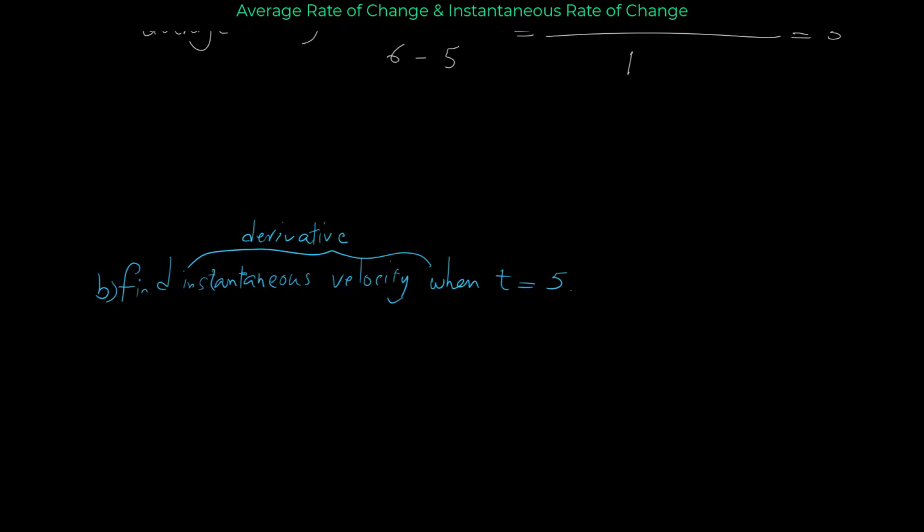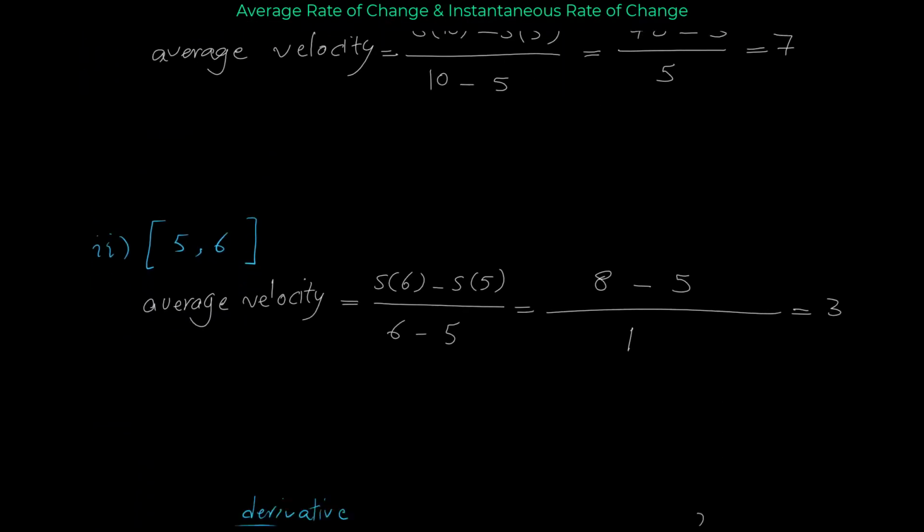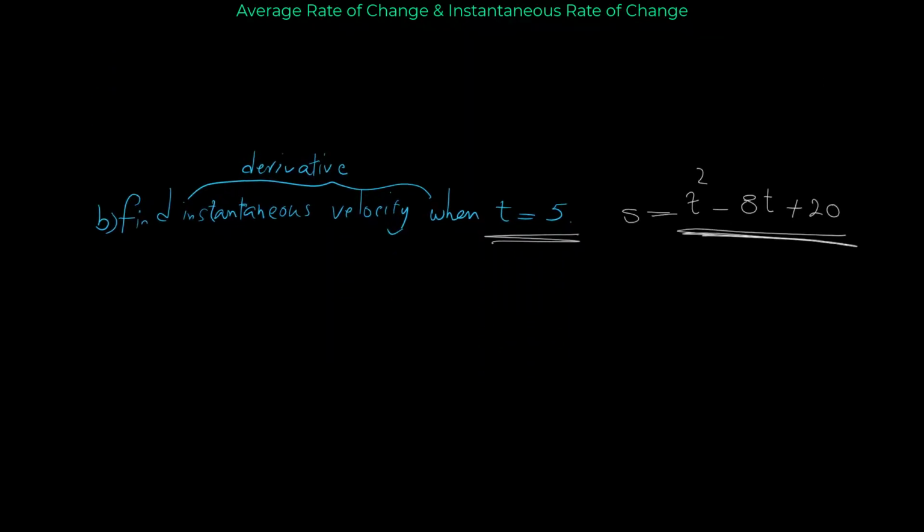The equation that we had was s equals t to the 2 minus 8t plus 20. So we have to find derivative of this function at t equals 5. So the quantity that we are looking for is s prime, derivative of s, at 5.